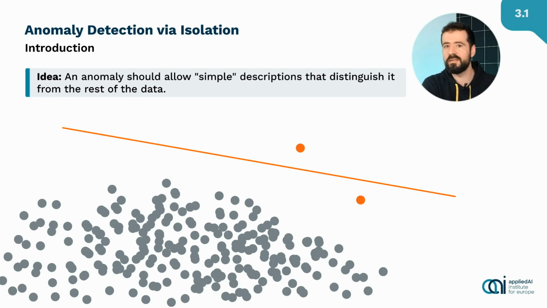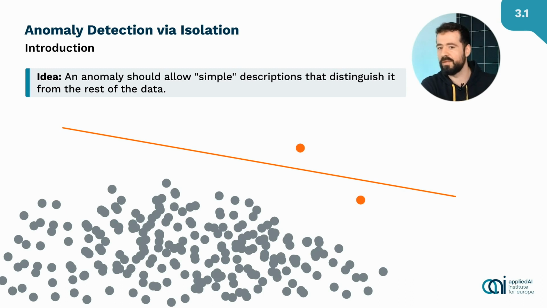The idea is now that an anomaly should allow simple descriptions that allow us to distinguish it from the rest of the data. So for instance, if you look at the image below here, these orange dots are our anomalies. And let's say the language in which we want to distinguish individual points is the language of straight lines.